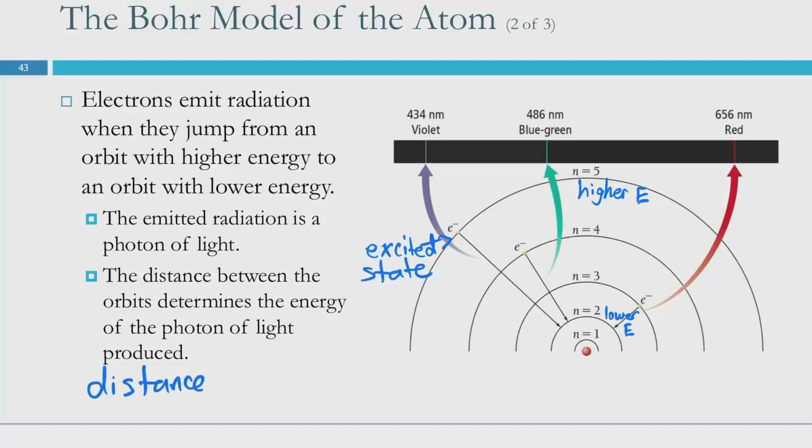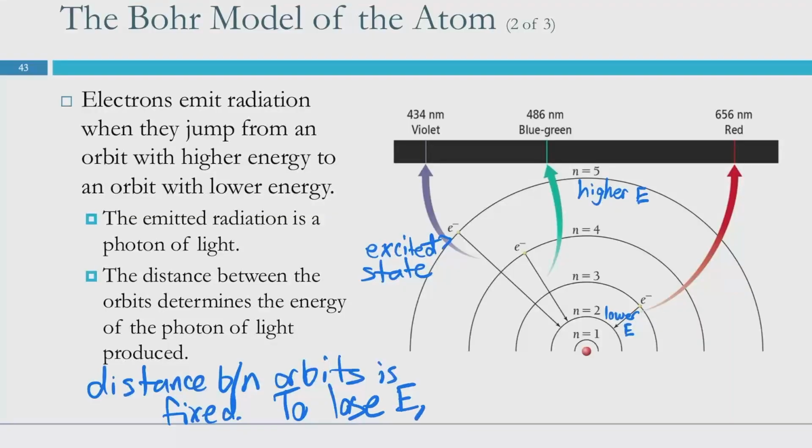So the distance between orbits is fixed. To lose energy, electrons must emit light. They release a photon or a packet, a little burst of light, anytime they make that transition.